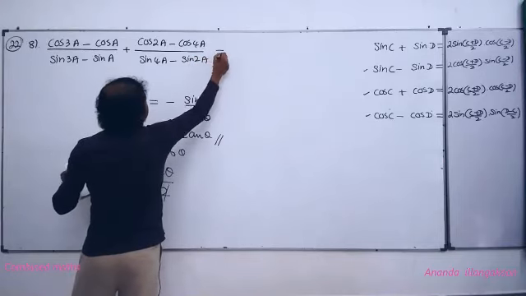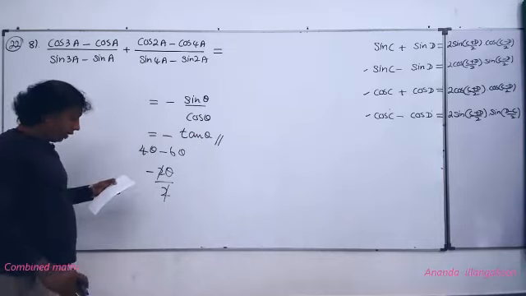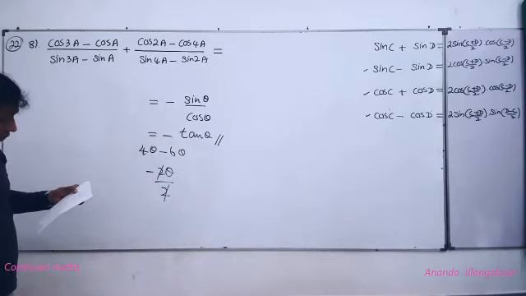Right, for this we have to take, people, the answer asking, right? Sin a divided by cos 2a cos 3a. Yeah.